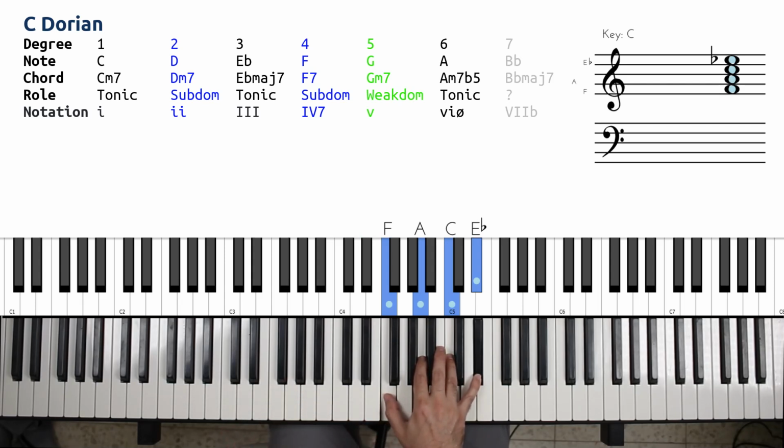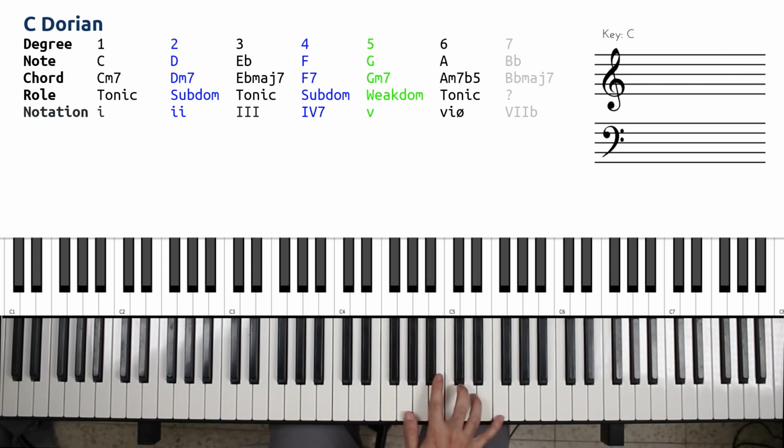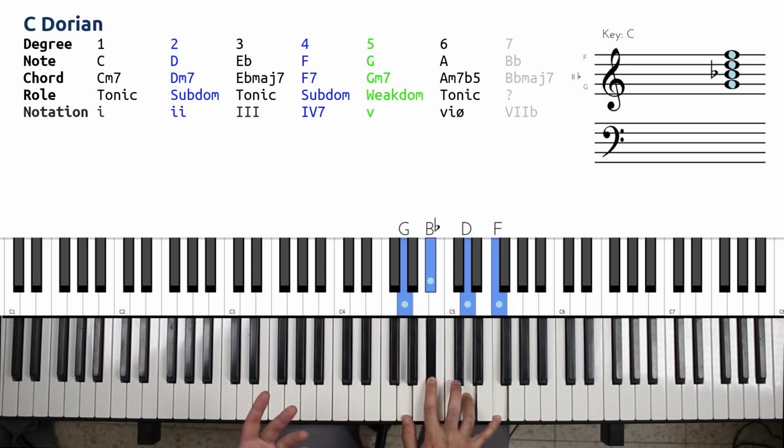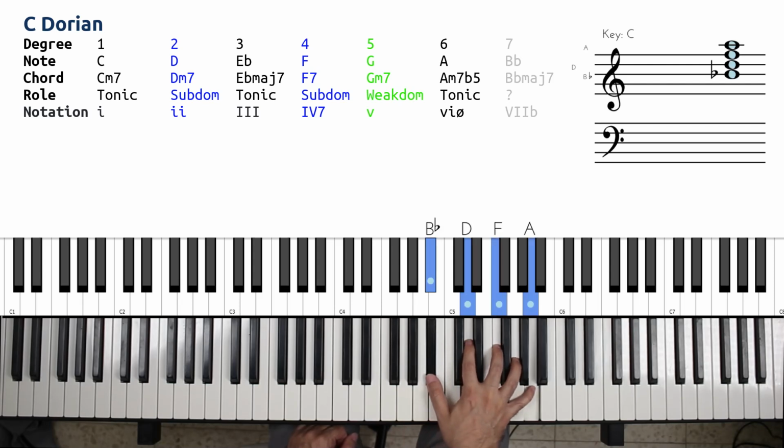And as with the previous scale we've considered, the fifth degree is kind of a weak dominant, or plays a weak dominant function. And the seventh degree, which is a B flat major 7, doesn't really fit into either a subdominant, tonic, or dominant function. So we're going to leave it out of this consideration and keep it a light gray.